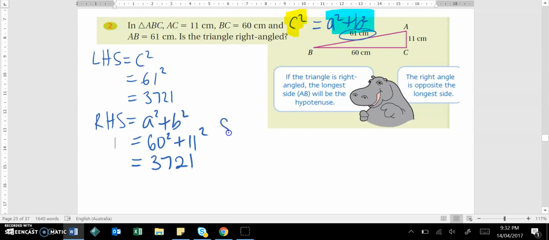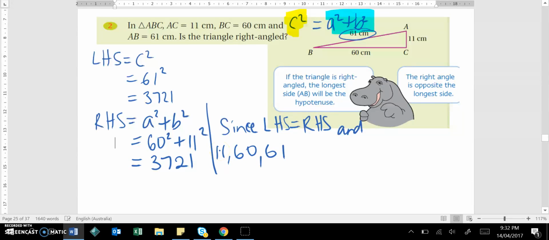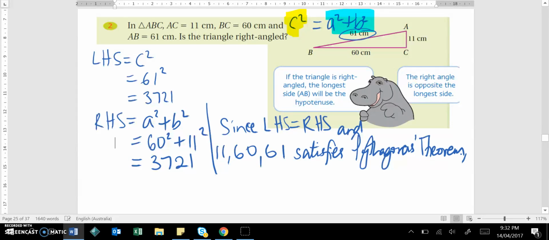So you can say, since the left-hand side equals the right-hand side, and those side lengths, 11, 60, and 61, satisfy Pythagoras' theorem, triangle ABC is right-angled.